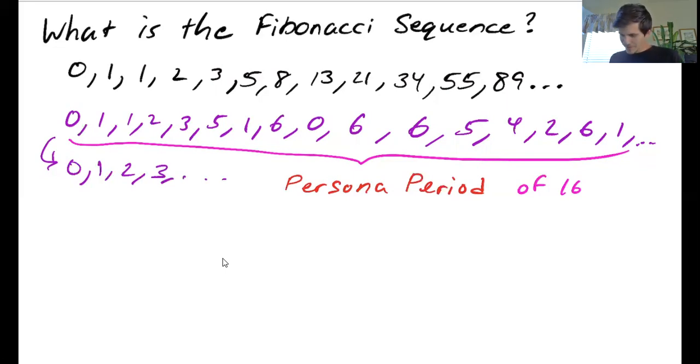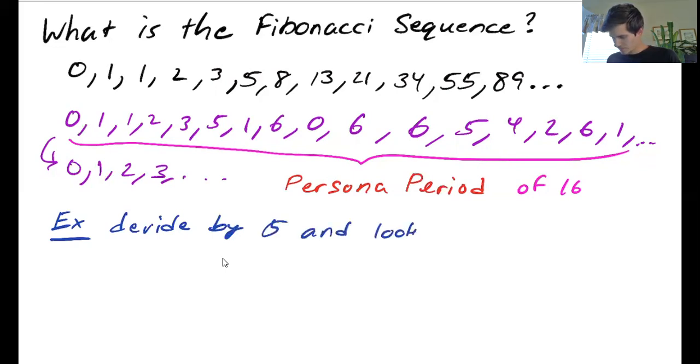Let's, for example, divide by 5. So let's give another example, dividing by 5 and looking at the remainder.